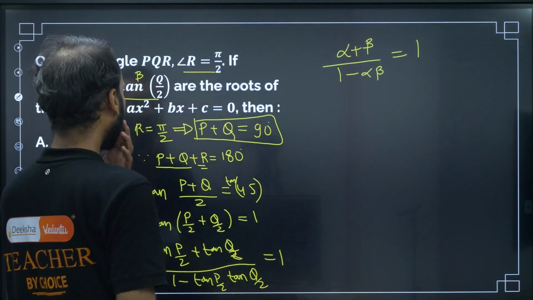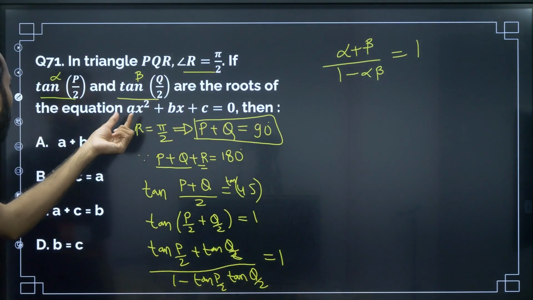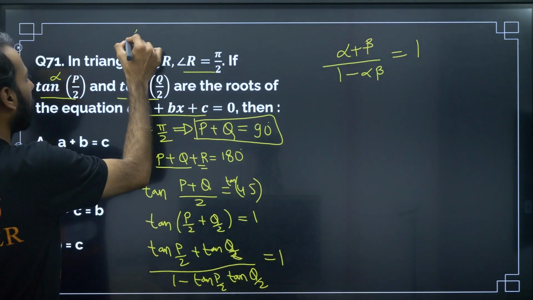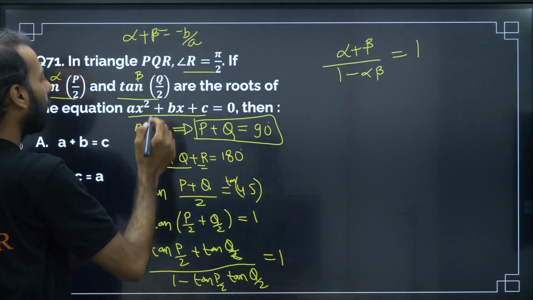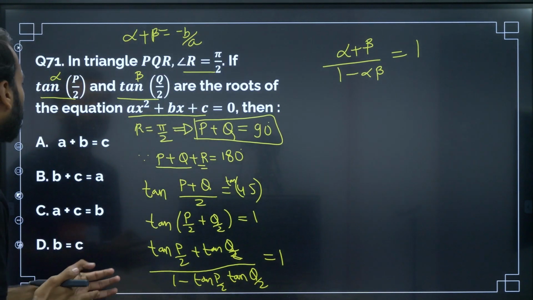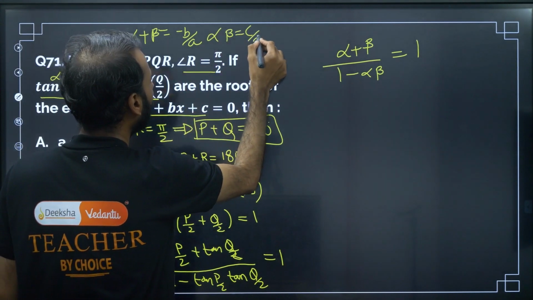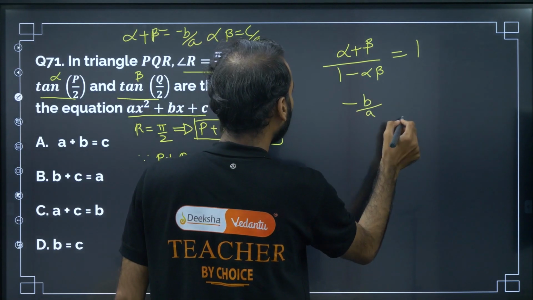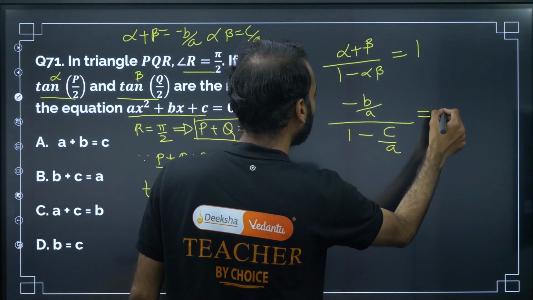Since alpha and beta are the roots of the equation, alpha plus beta is minus b by a, the sum of the roots, and alpha beta is c by a, the product of the roots. So 1 minus alpha beta is 1 minus c by a.